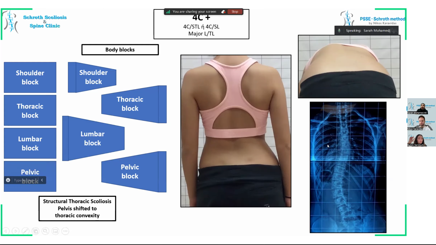If I have a minor thoracic curve, where I cannot see a big rotation, only 2 to 3 degrees clinically measured by the angle of trunk rotation, and also in the X-ray it is a complete curve, but it's not so significant. We have a mild rotation, no wedging, very small cup angle. So we decided to choose this curve type as 4C plus. It means that I have a structural thoracic scoliosis, like presented here in the schema of blocks. I have a structural lumbar or thoracolumbar curve, which is the main curve.